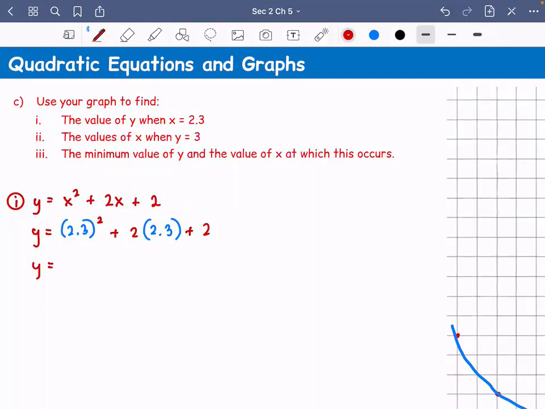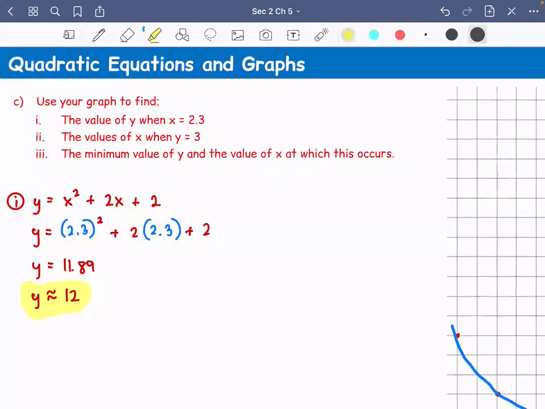Okay, let me use my calculator. So 2.3 squared plus 2 times 2.3 plus 2. Okay, so your answer is 11.89, or you can approximate that to the nearest whole number, which is 12. That's your answer for Roman numeral 1 for letter C.